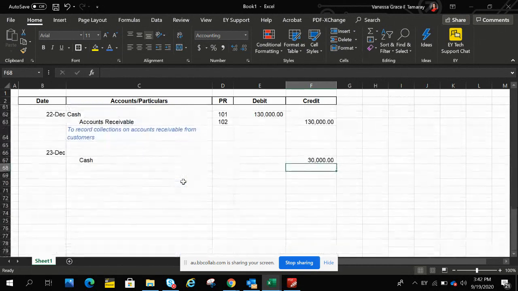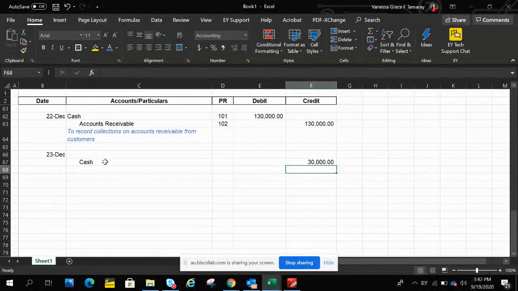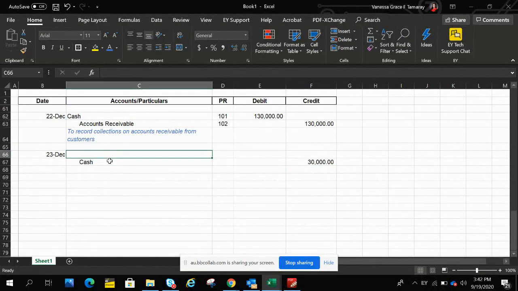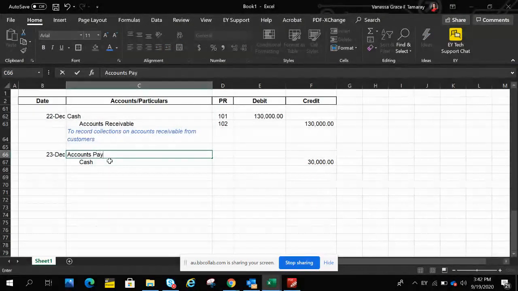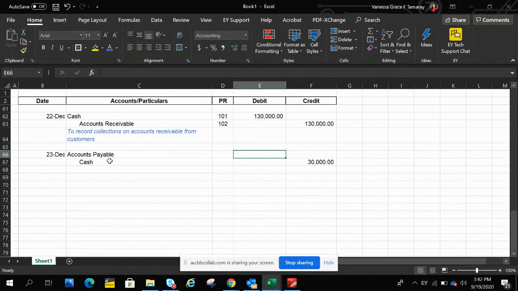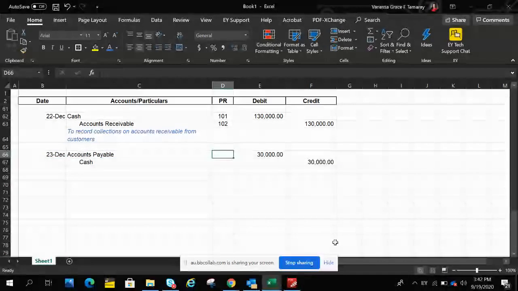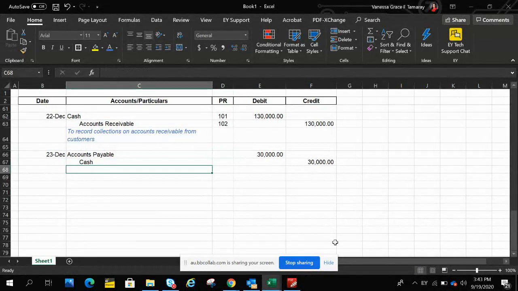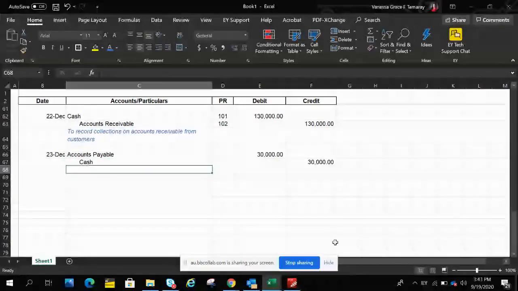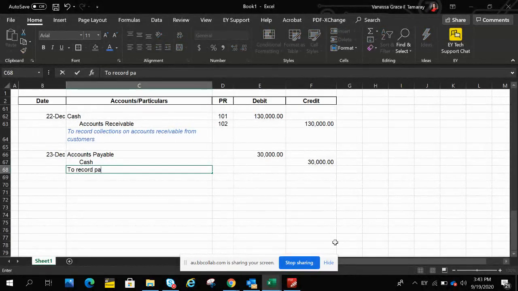And since we're going to pay a portion of our accounts payable, we have to reduce it. And in reducing your accounts payable, we have to debit. So, debit accounts payable, then credit cash. To record payment of medical supplies on account.